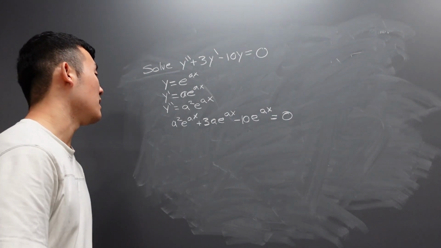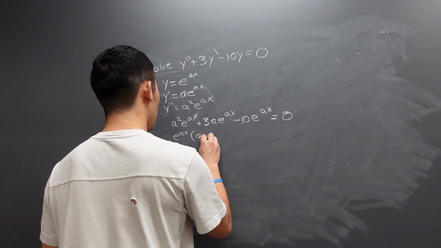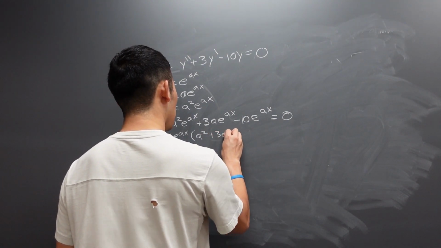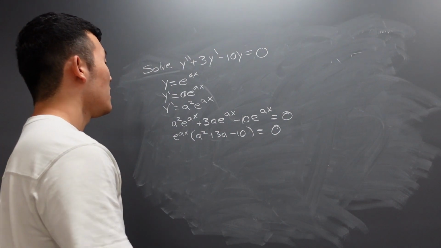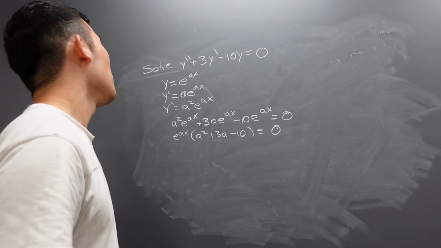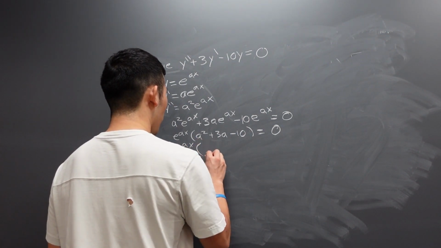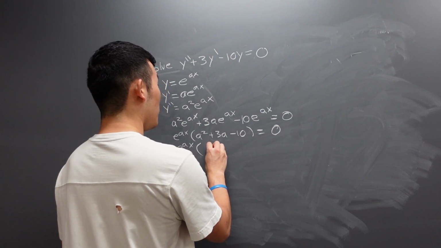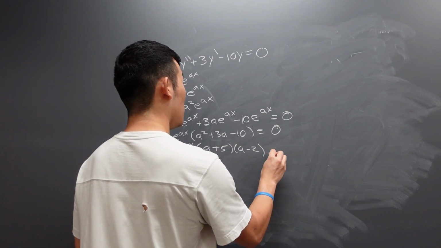From here, I can factor out an e to the ax. And we can see here that this equation can factor out to two binomials. So we can factor this out as a plus 5 times a minus 2.